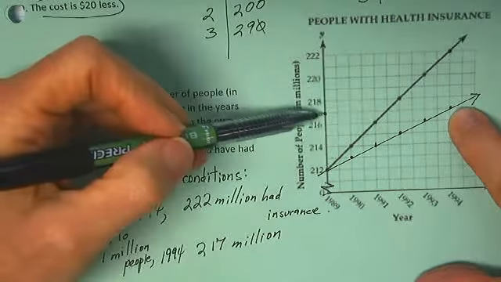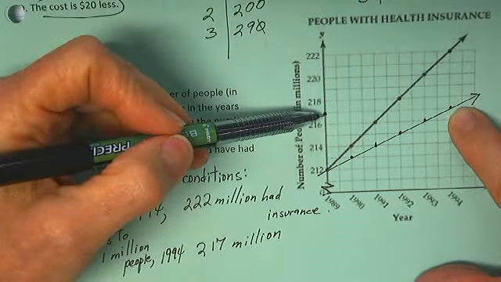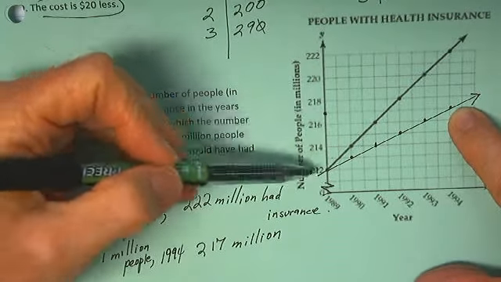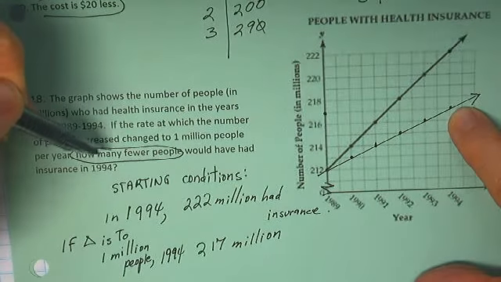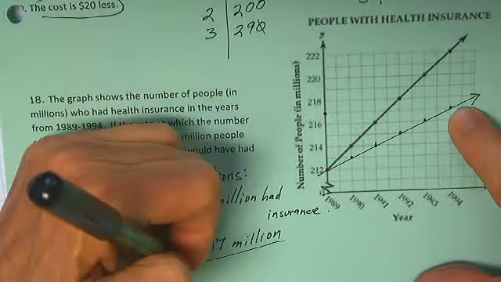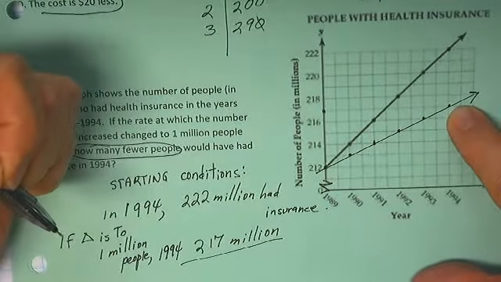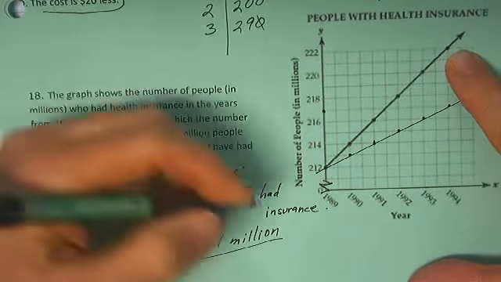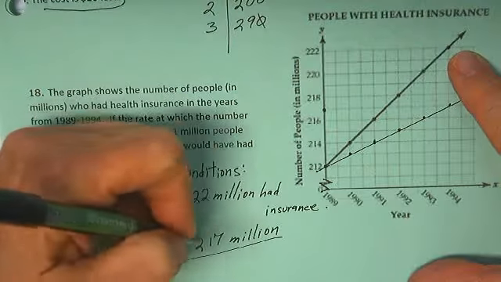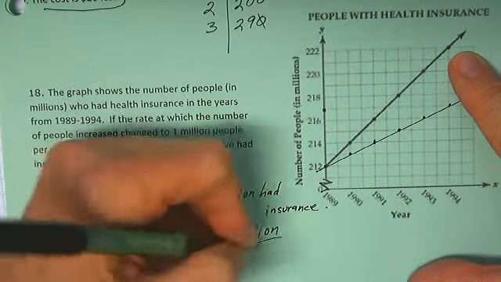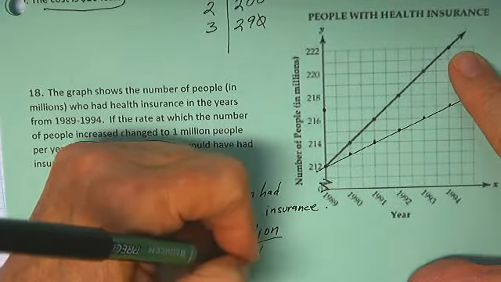Okay, we know how many people had insurance in 1994 if we change the slope, but the question is how many fewer people would have had insurance, and the answer to that is 222 million minus 217 million, 5 million fewer.